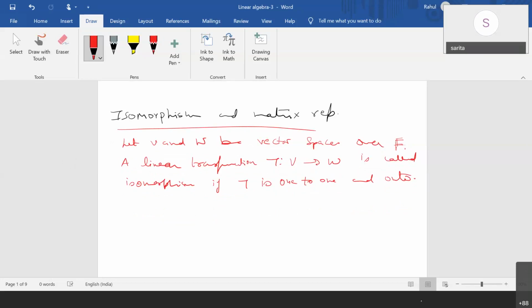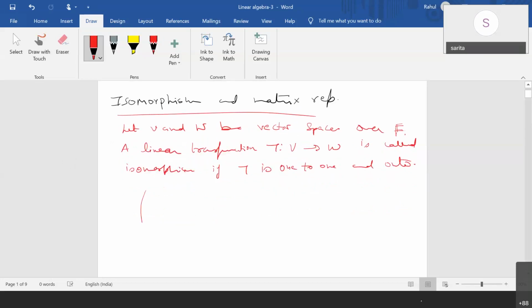So what is 1 to 1 and onto? For example, you have two vector spaces. If there are three elements here, these three elements can be mapped to another vector space like this.